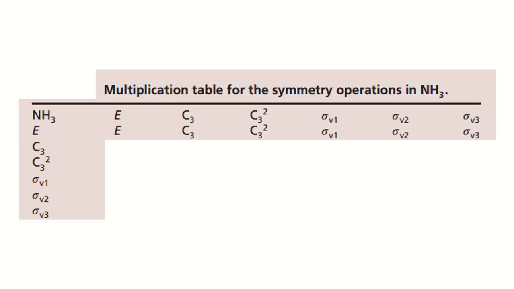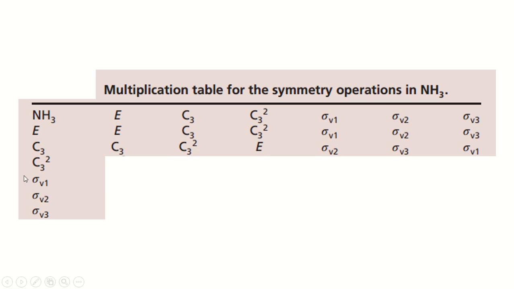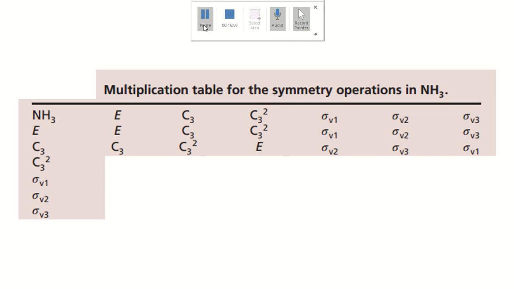So we can write sigma V1 here as the symmetry operation and the symmetry product after this operation. This can be done with the other symmetry elements and operations of the ammonia molecule.